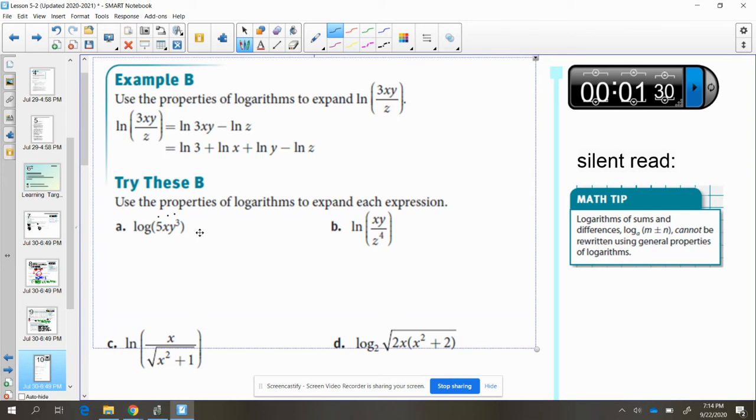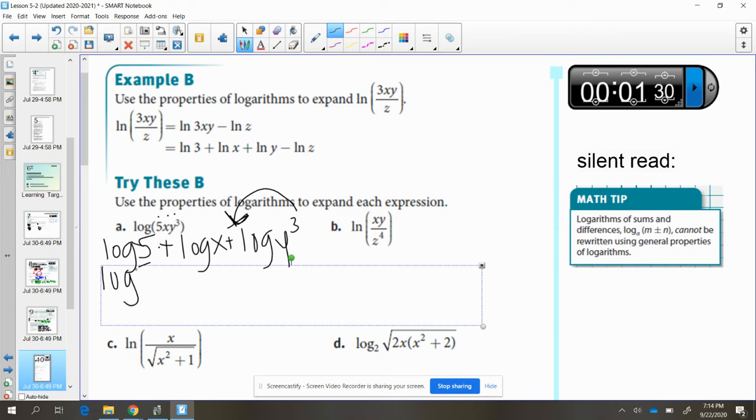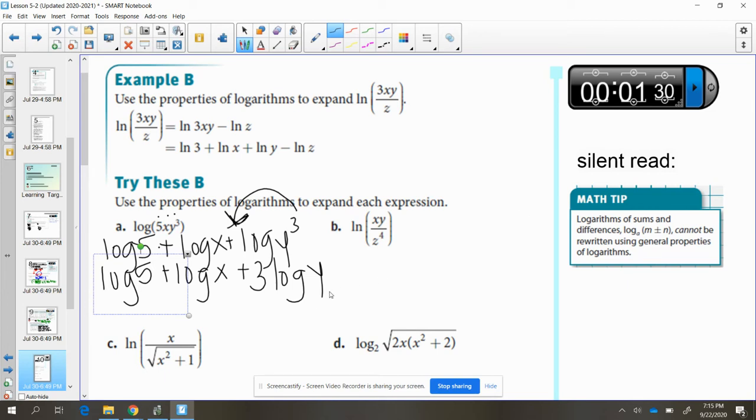To start, we take this log, and reminder, multiplication within these logs is going to turn into addition. So log of y to the third. Now we can also take this exponent and move it out front as well. This expands it to its fullest potential because we have that exponent brought out front.